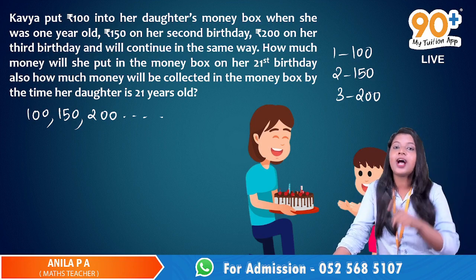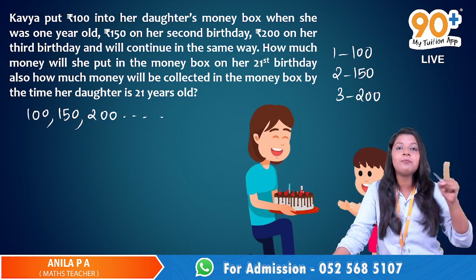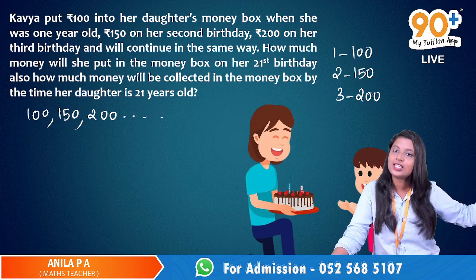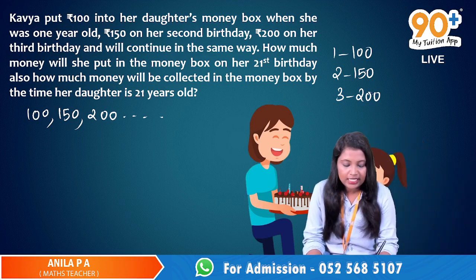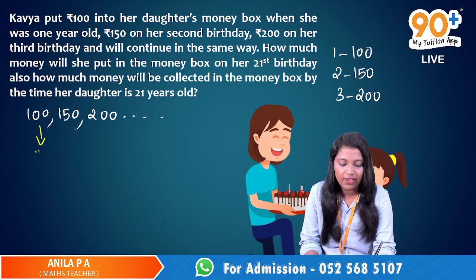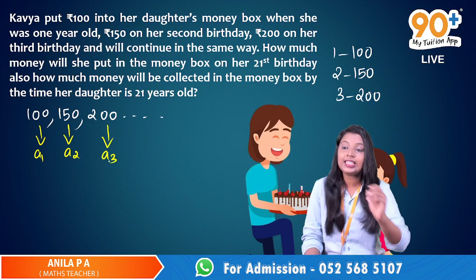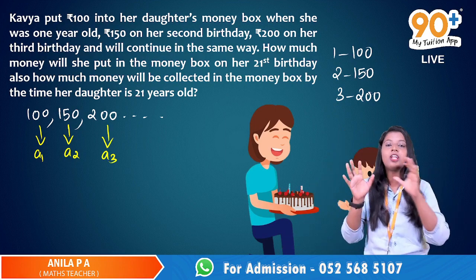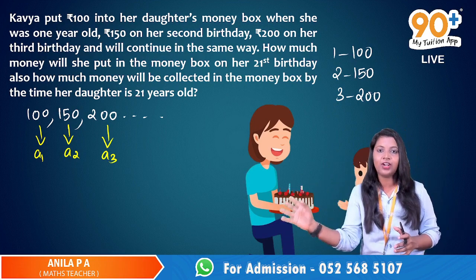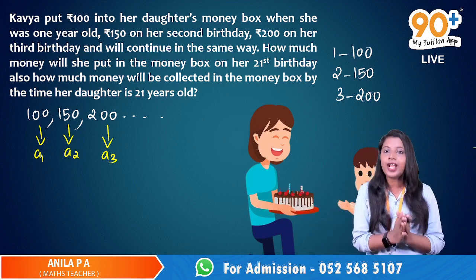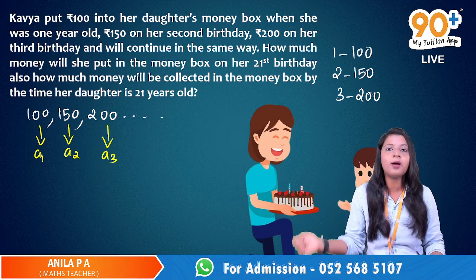When A2 minus A1 is equal to A3 minus A2 is equal to etc. The first term is known as A1, the second term is A2, the third term is A3 and so on. Depending on the position, we are giving names A1, A2, A3, etc. Then how do we check for this common difference?